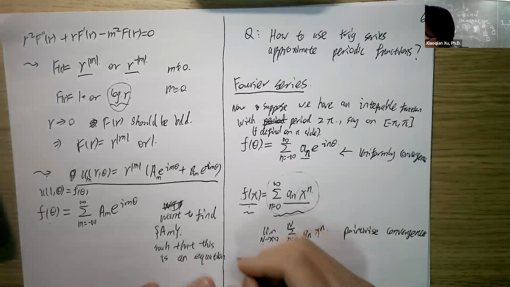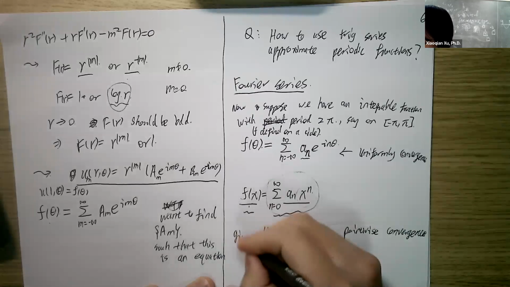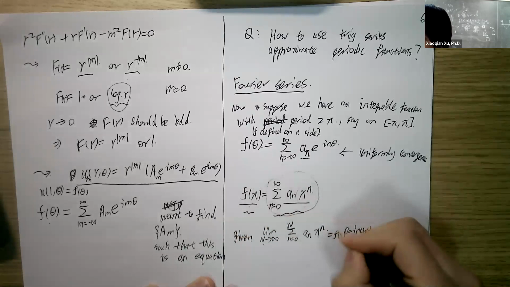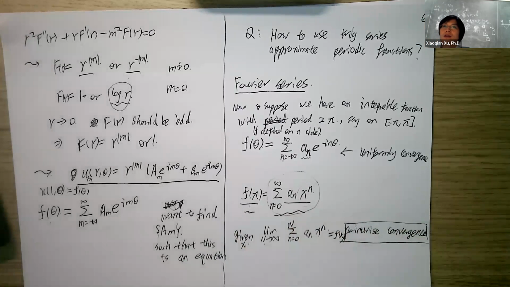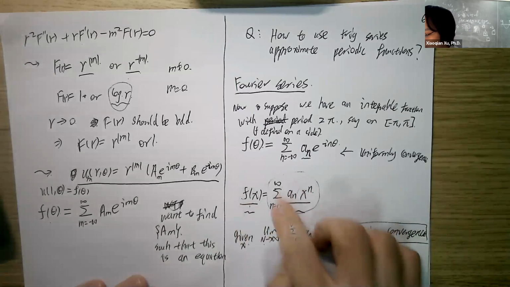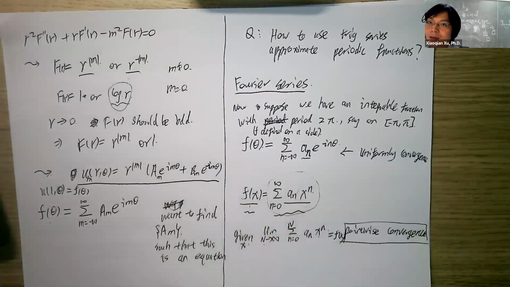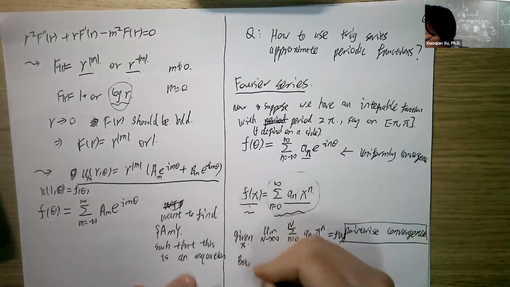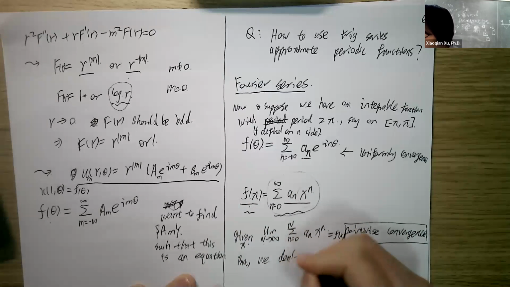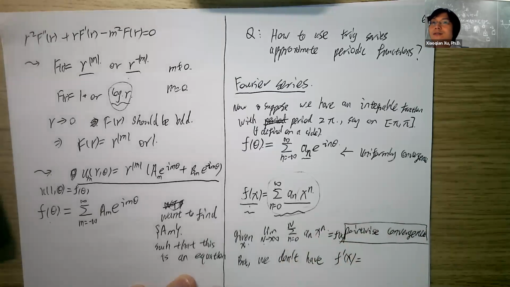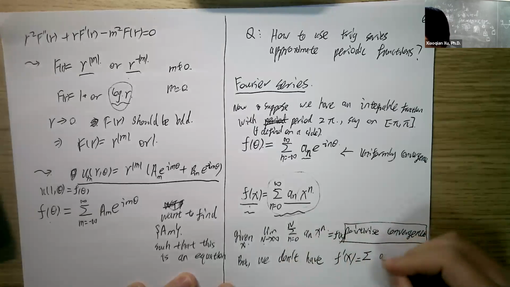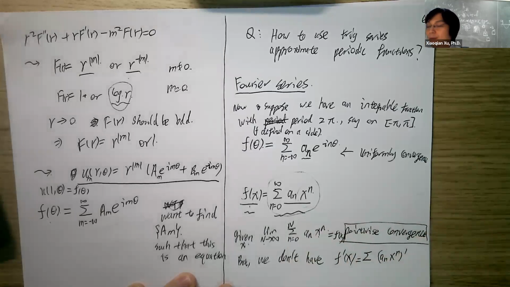The reason is, if you only have pointwise convergence, it is pretty hard to treat f of x as the summation of this kind of functions. Pointwise, it converges, but we don't have f prime of x equal to the summation of an x to the power n, taking the prime.